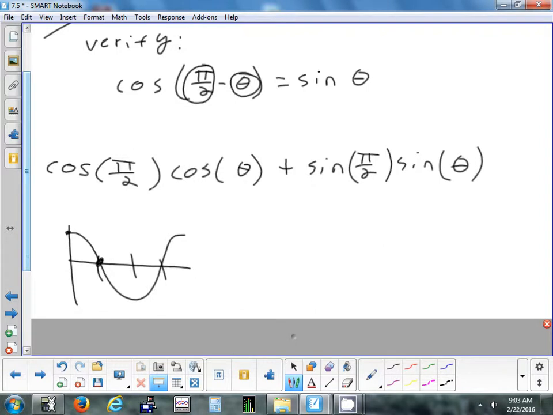Okay, so cosine of 90, or cosine pi over 2, is 0. And now let's figure out sine of 90. Okay, sine starts here, goes like that. So 0, 90, 180, 270, 360.